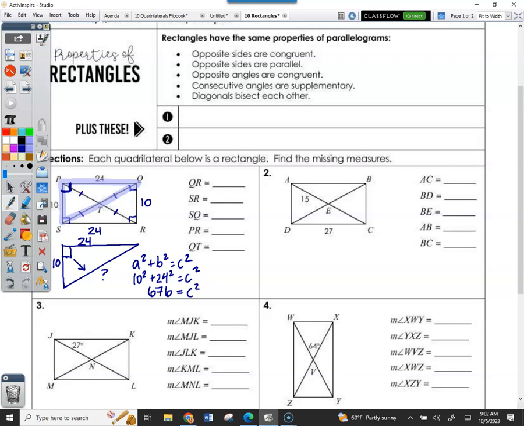It's probably going to be a decimal. That's a pretty good guess. 26. So C is 26. So this right here is 26. So if this entire diagonal is 26, then what are its 2 equal parts? 13.